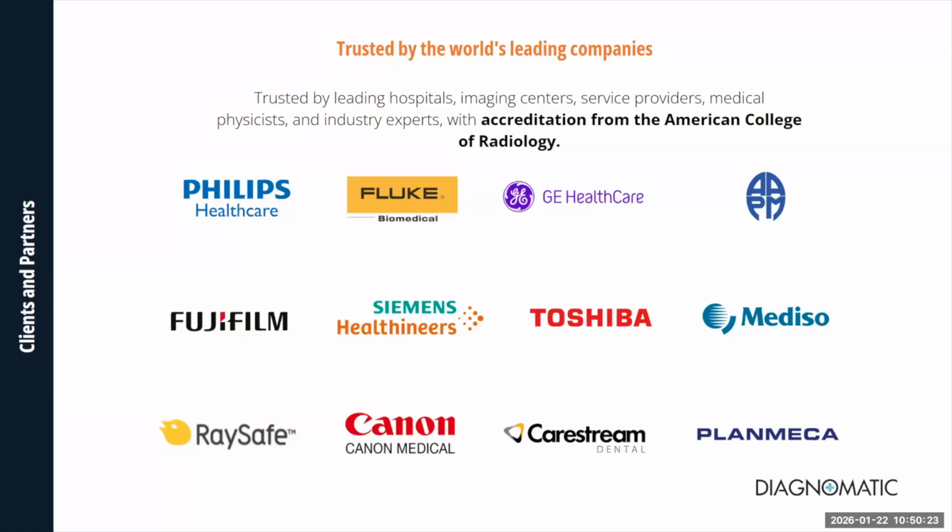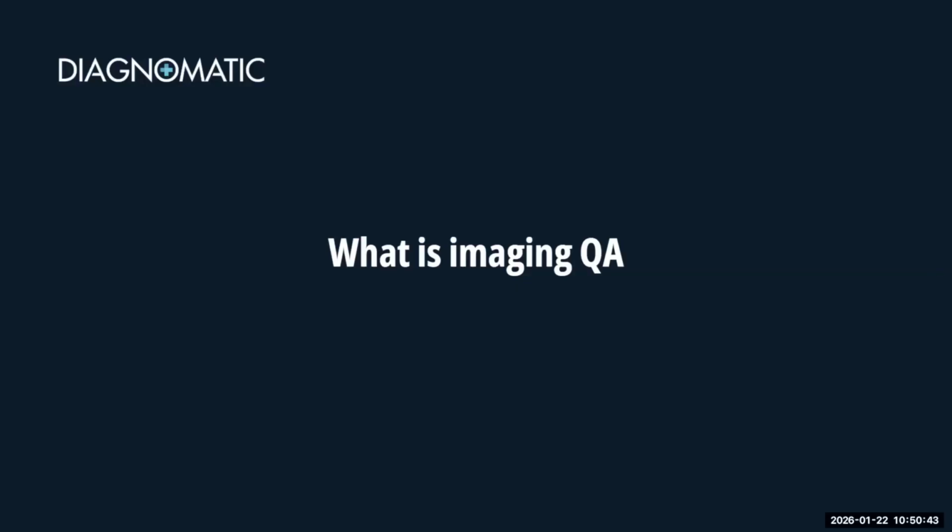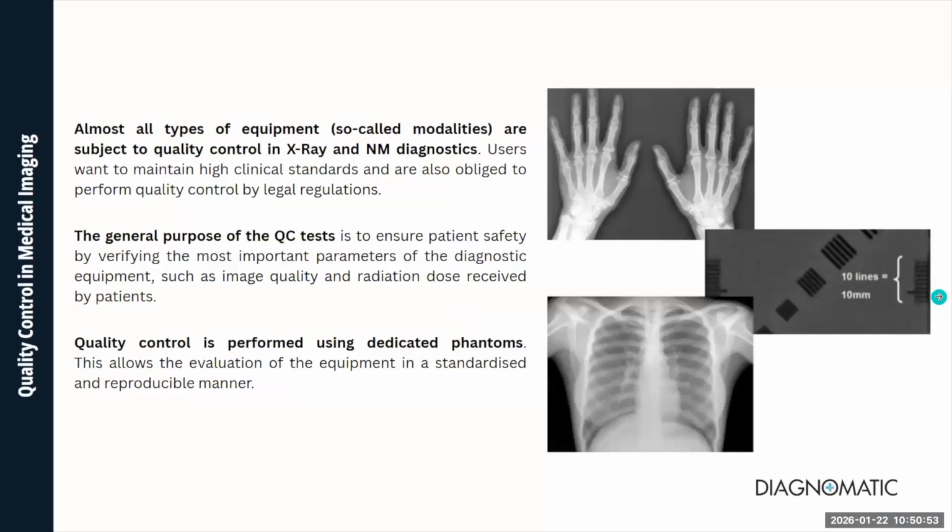And I guess that our distributors can also be proud to have direct and strong connections with the OEMs. They appreciate the cooperation. After the introduction, I would say a few words about what imaging quality assurance is. All types of equipment, we can call them modalities, are subject to quality control.